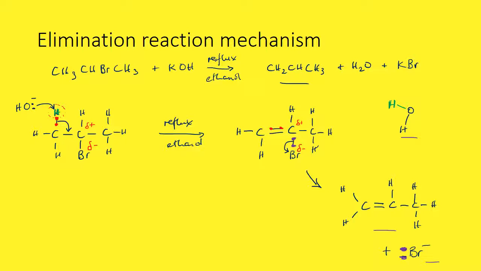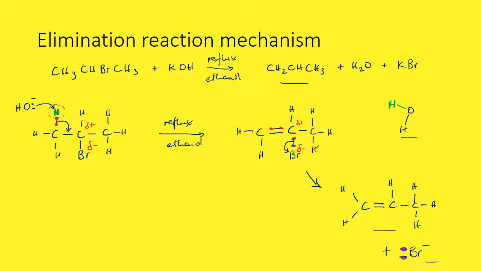So we've got 3 curly arrows to take note of in an elimination reaction mechanism, whereas I think before we had 2 curly arrows. So now we've got 3 curly arrows. If we remember that, we'll probably remember the mechanism. Okay, so that's an example of the reaction mechanism there.